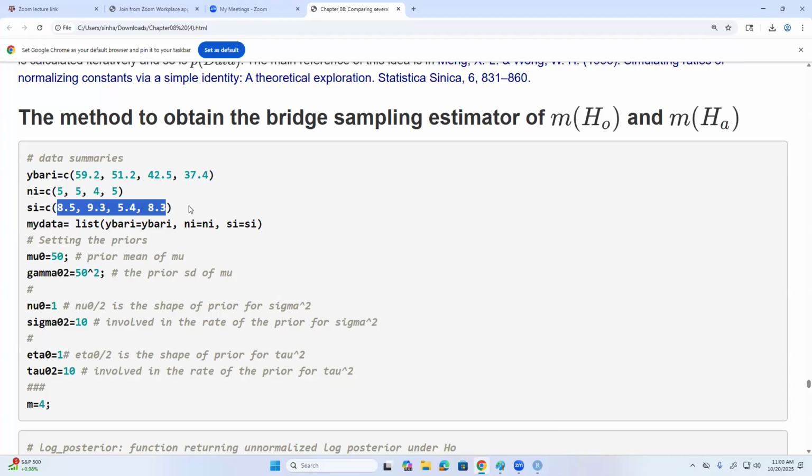If it is more than 4, then you should be concerned. But if it is not, then it is all right to apply the standard technique where you assume the underlying variances are the same. In this example, the maximum is 9.3, so the sample variance will be 9.3 squared, and the minimum is 5.4.